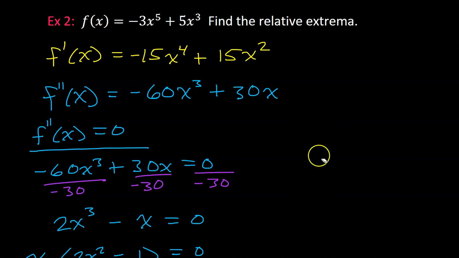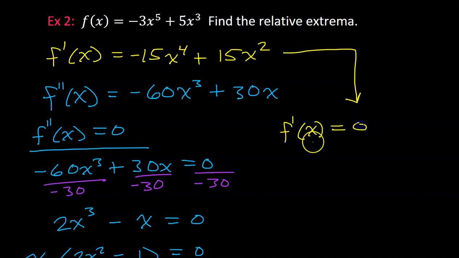So you know what? I think I can squeeze it in over here off to the side. Okay, I'm going to use this space. So again, there are no denominators or square roots or anything, so we don't have to worry about where the function is undefined. So the only critical numbers will be where the first derivative is equal to 0.